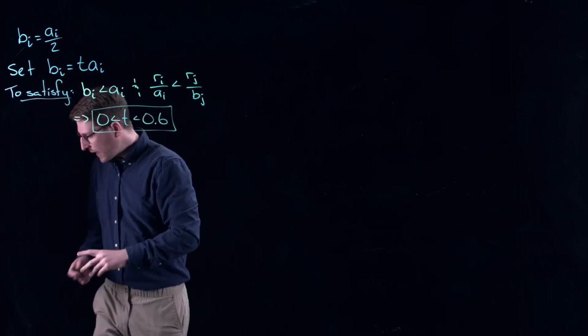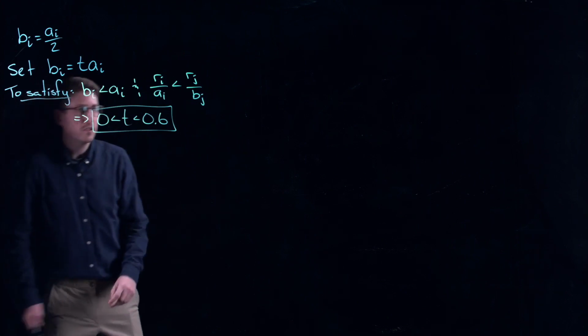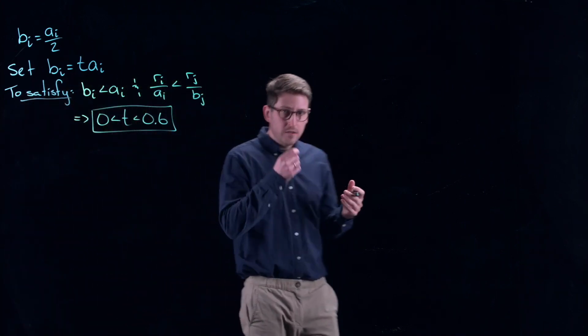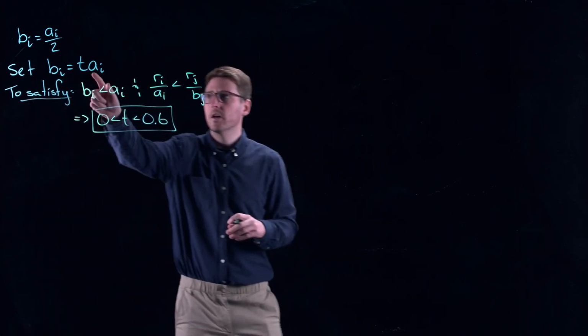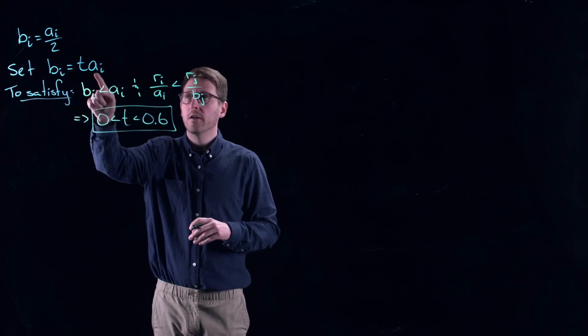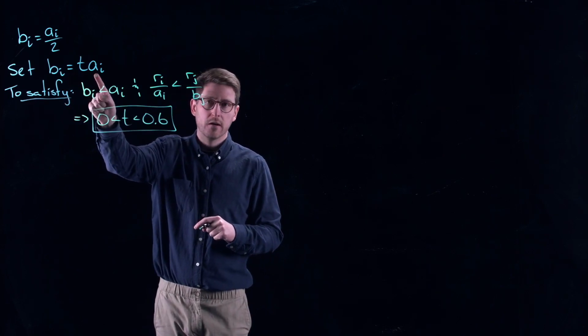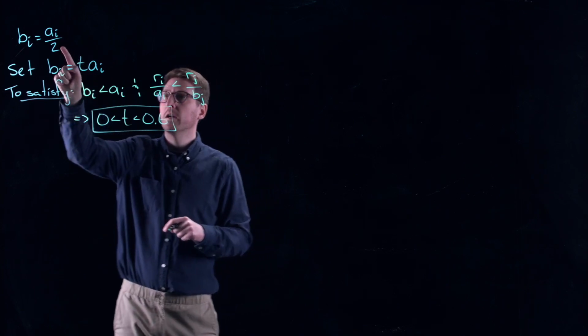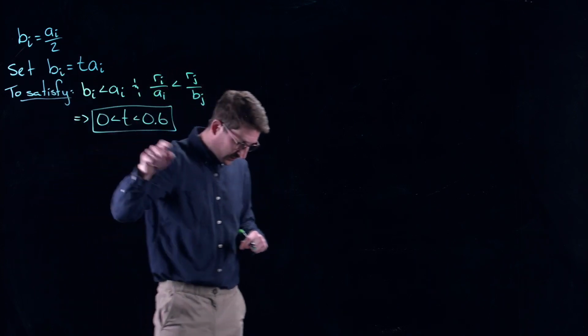So I can ask myself, what happens if I vary t around these values, right? This fractional amount of predation from the other based on what you currently have, okay? So clearly, my 0.5 is well in the middle of this.